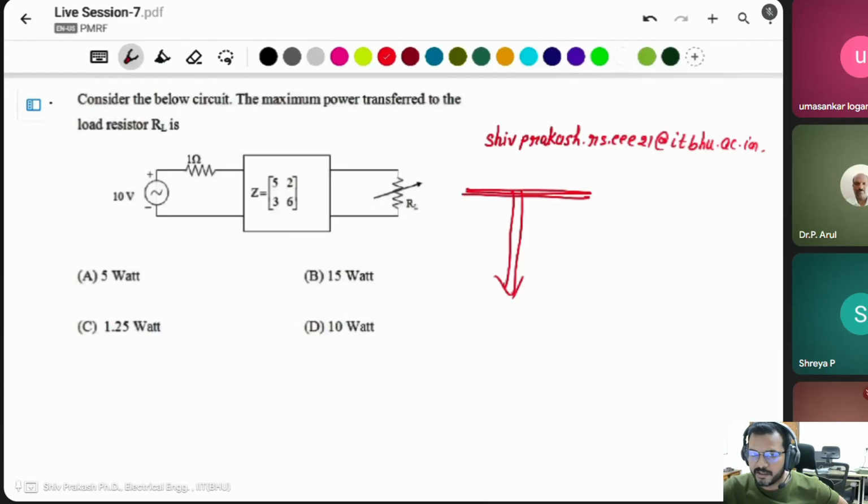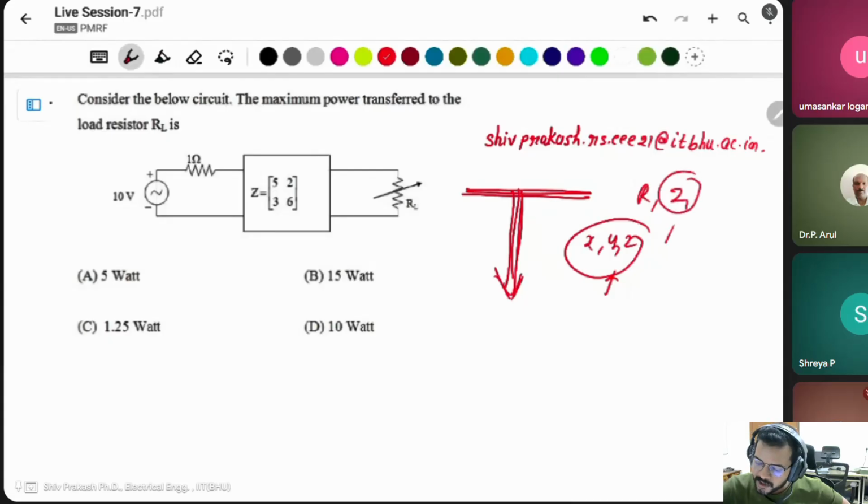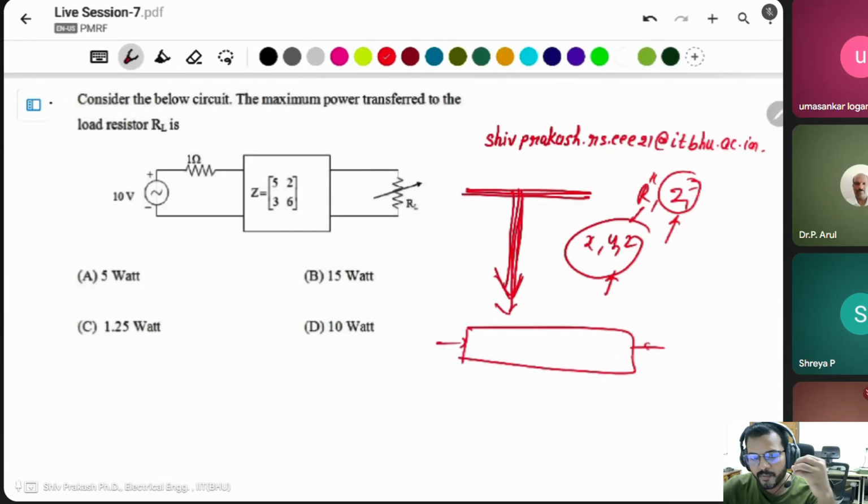If a resistance or an impedance is there, don't put in its value.